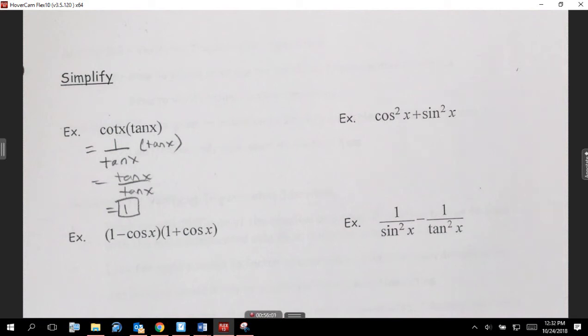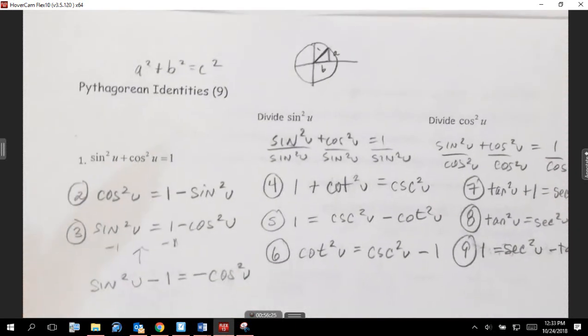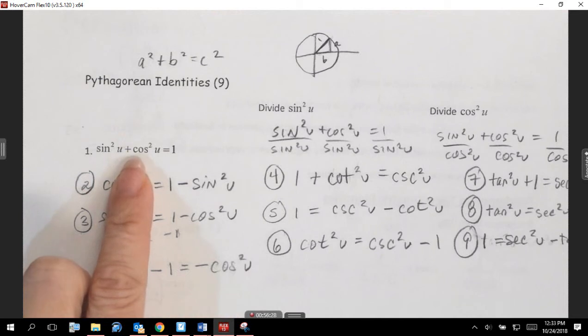Okay, the next one, cosine squared x plus sine squared x. I'm going to simplify this down so we can't have an addition sign. Can we add these together? Do I have an idea? Yeah.